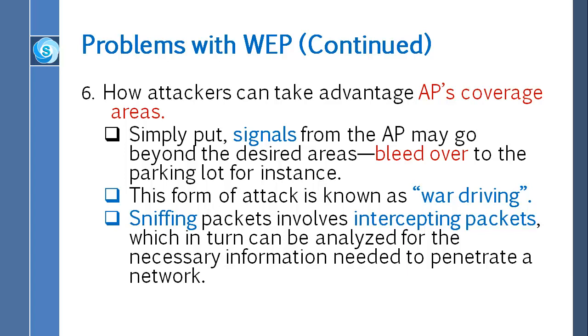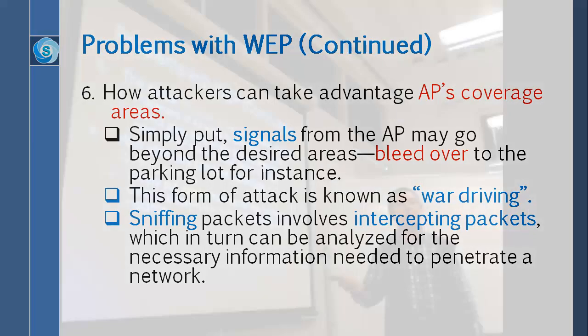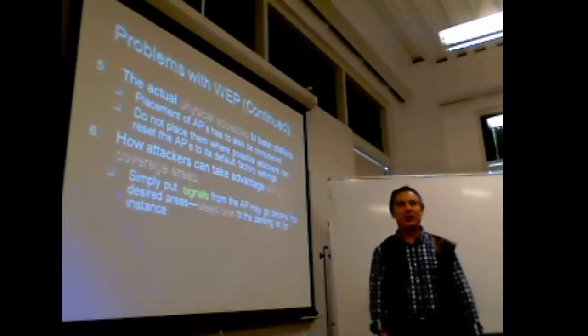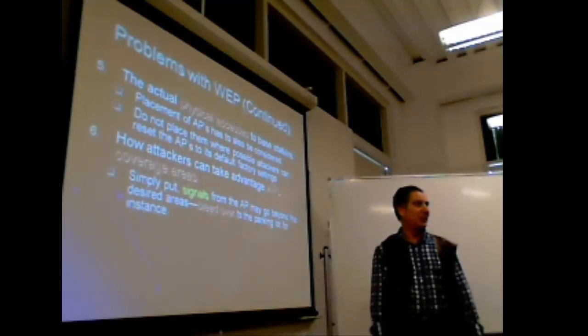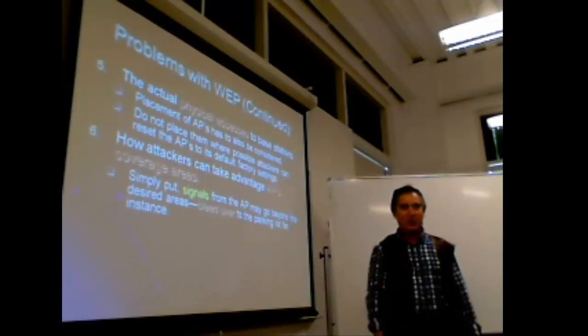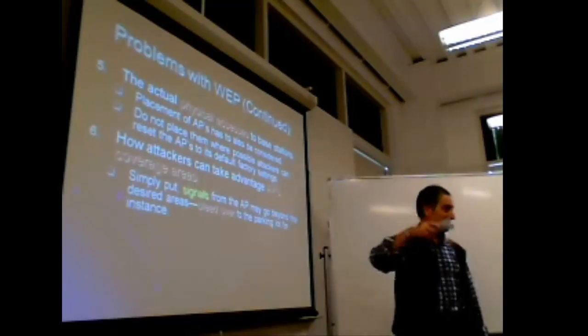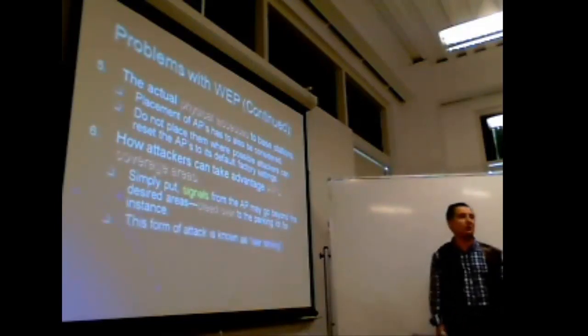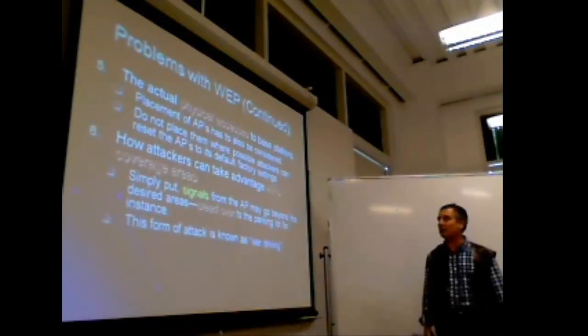When you go to their parking lot, for example, if you have a laptop, you can have access to the internet, because their APs are bleeding over. The coverage area covers the parking lot and the neighborhood, actually. And people are using their APs, and they don't provide security because it is inside the company stuff.